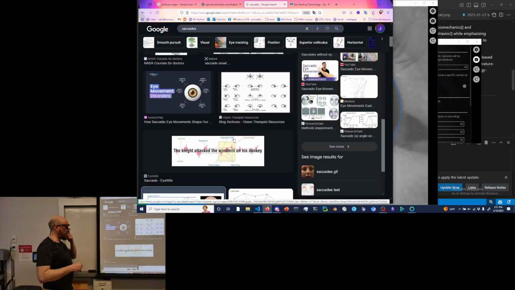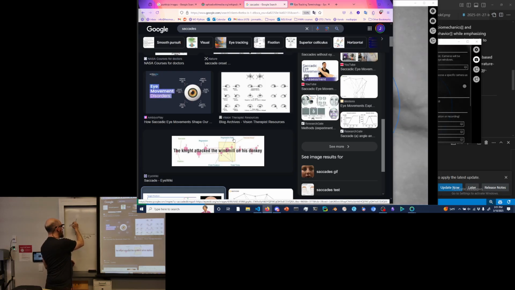So a saccade, and the kind of... so we've seen data like this, where we have time on this axis, and then we have, let's say, eye horizontal position on this axis.